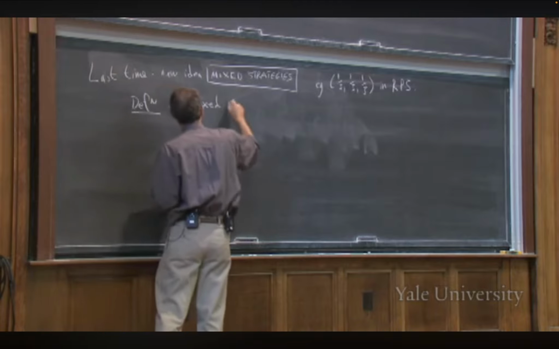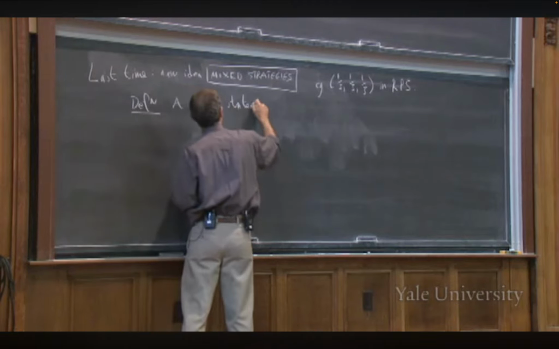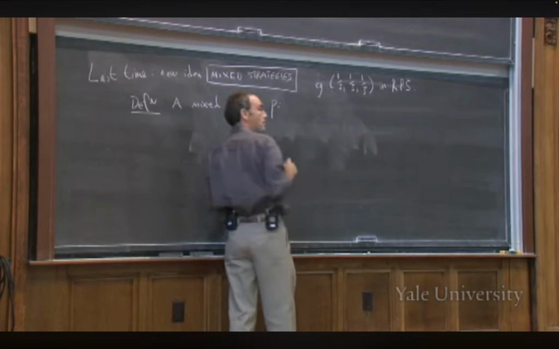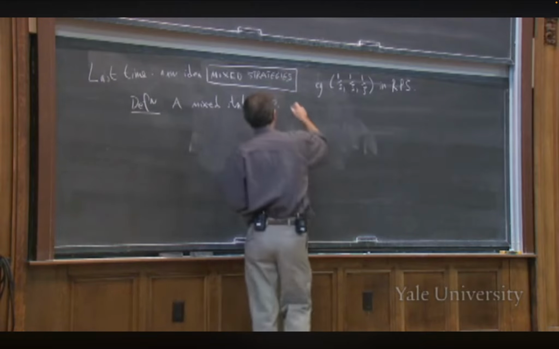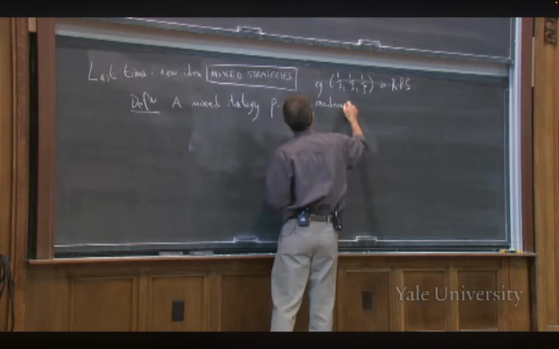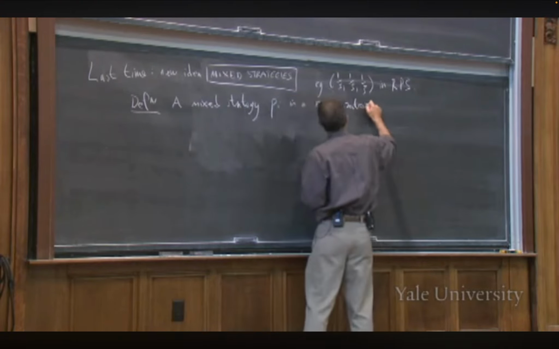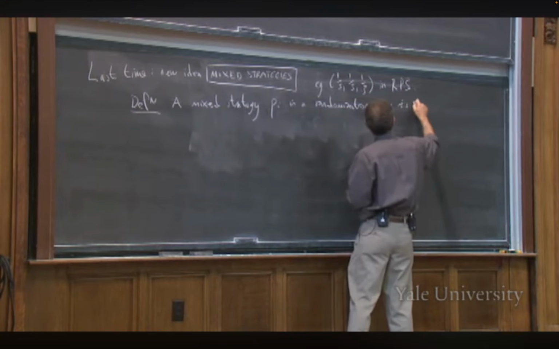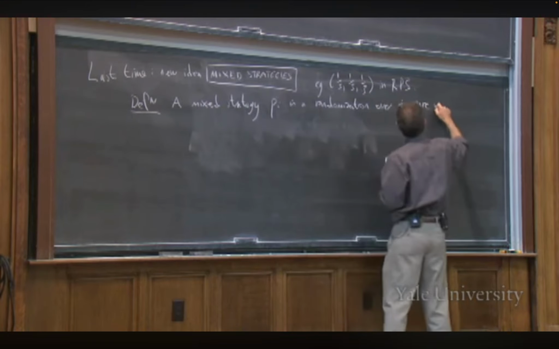A mixed strategy, and I'll develop notation as I'm going along, so let me call it P sub i, i being the person who's playing it. P sub i is a randomization over i's pure strategies.